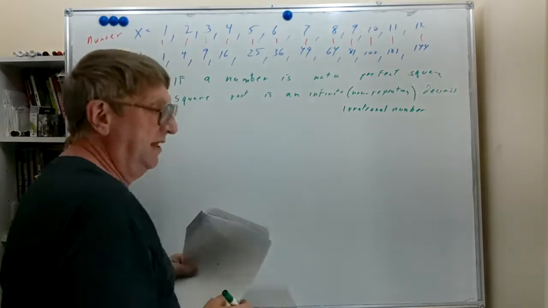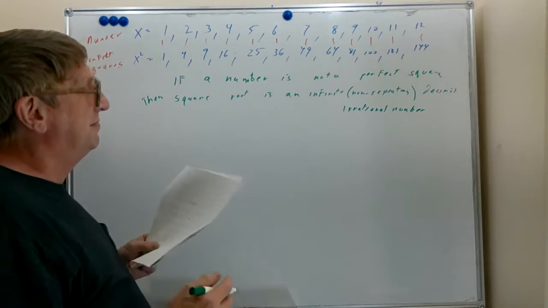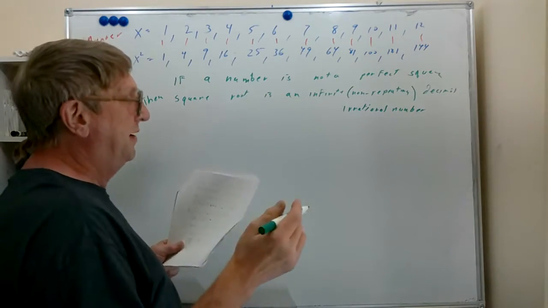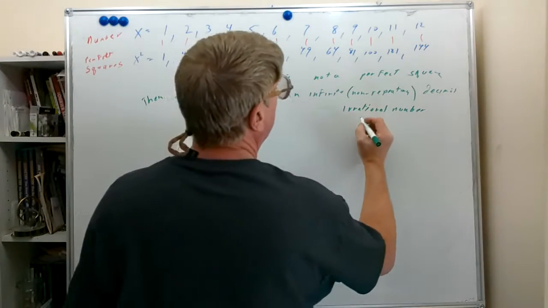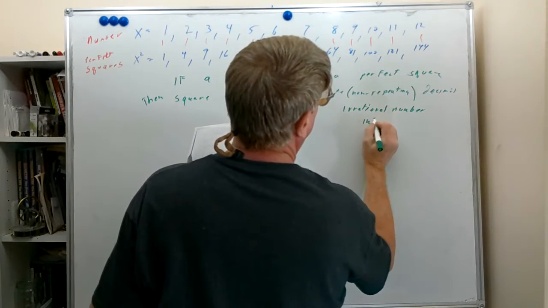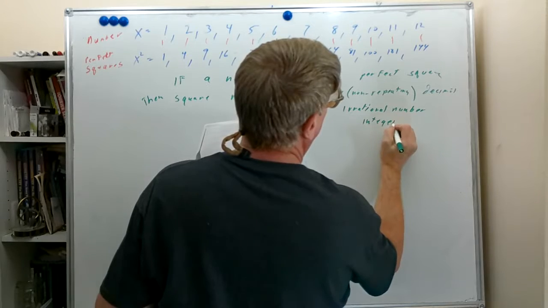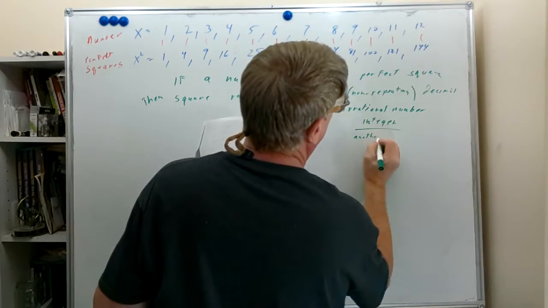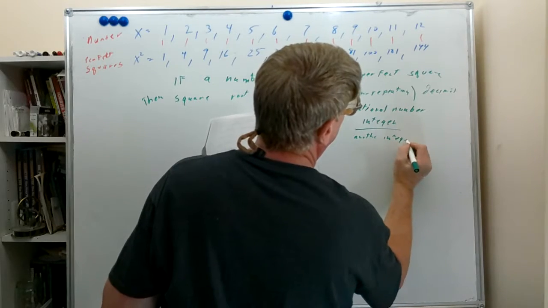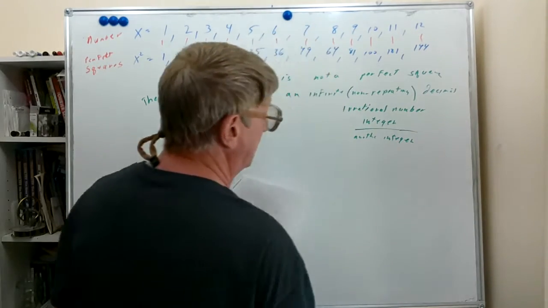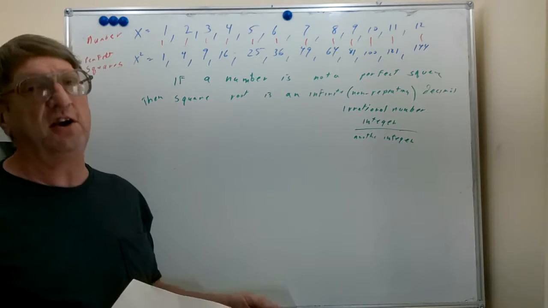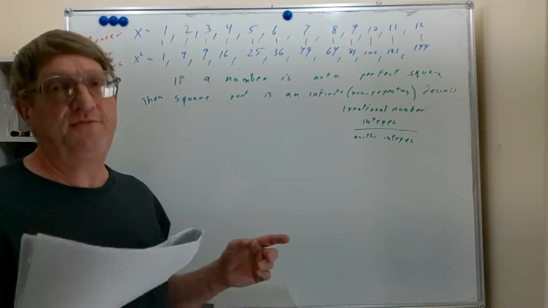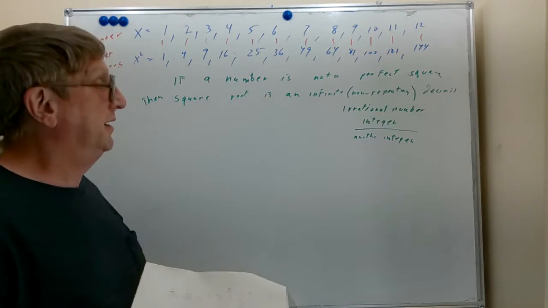I don't think they really mean a crazy number, but it's a number that cannot be expressed as an integer divided by another integer. And of course, integers are 0, 1, minus 1, 2, minus 2, 3, minus 3, 4, minus 4, and so on.